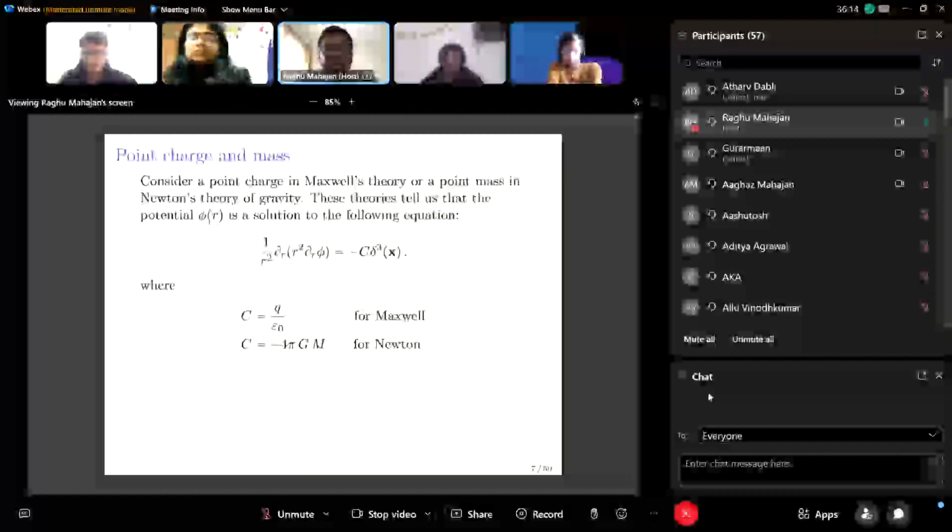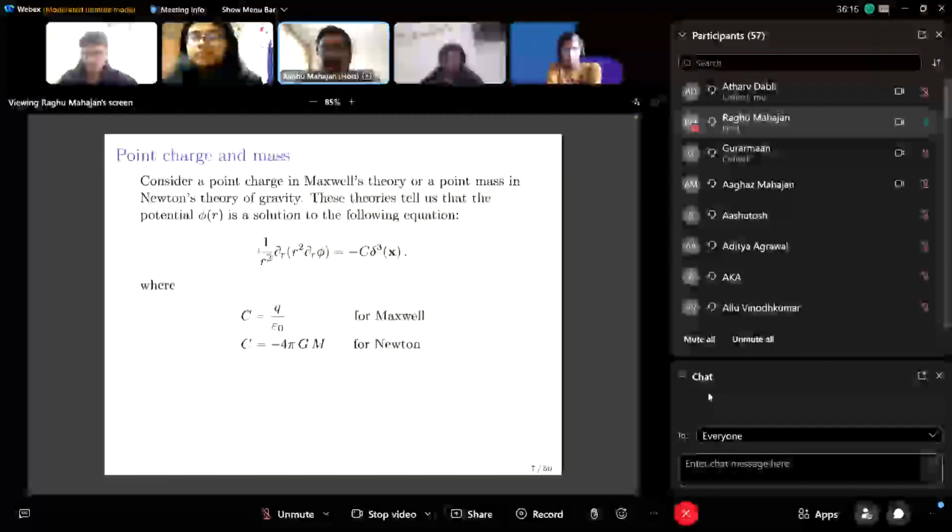So phi is the potential, and it satisfies a differential equation of this type that I have written in terms of these partial derivatives. The constant is just some charge or some mass. For Newton, it's mass. For Maxwell, it's charge. And the solution to this is the famous 1 over r potential of point charges or point masses, right?